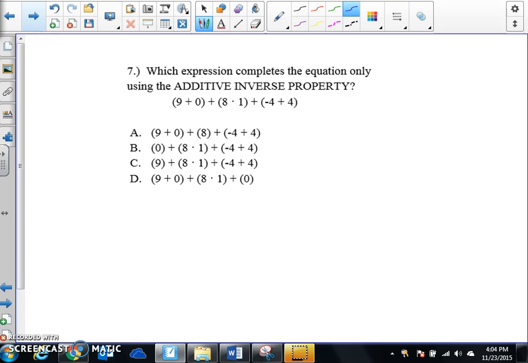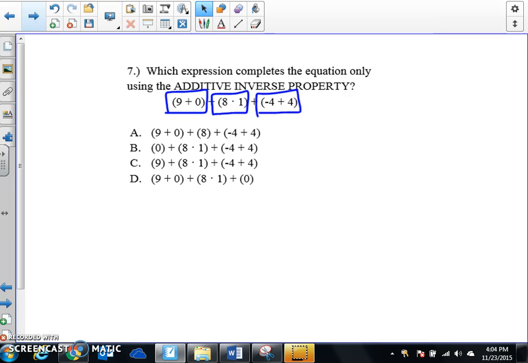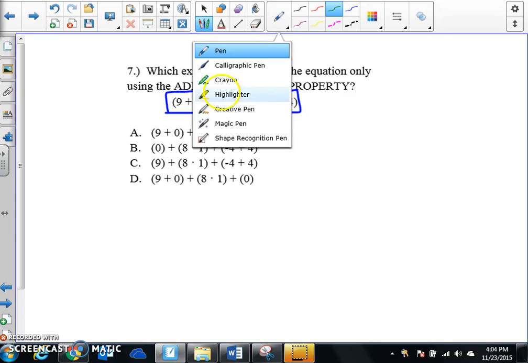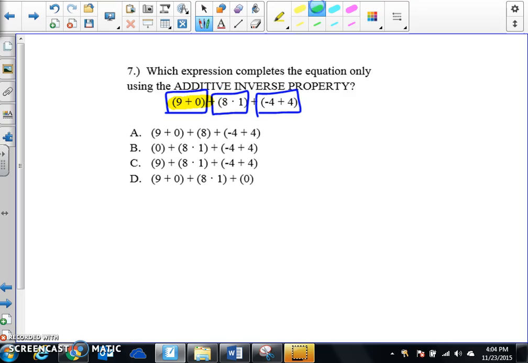All right, which of the following? Okay, so remember, when you see one of these, you break it up into 3 separate sections. So I've got a yellow, a green, and a blue group. So I've got to determine which group uses the additive inverse property.